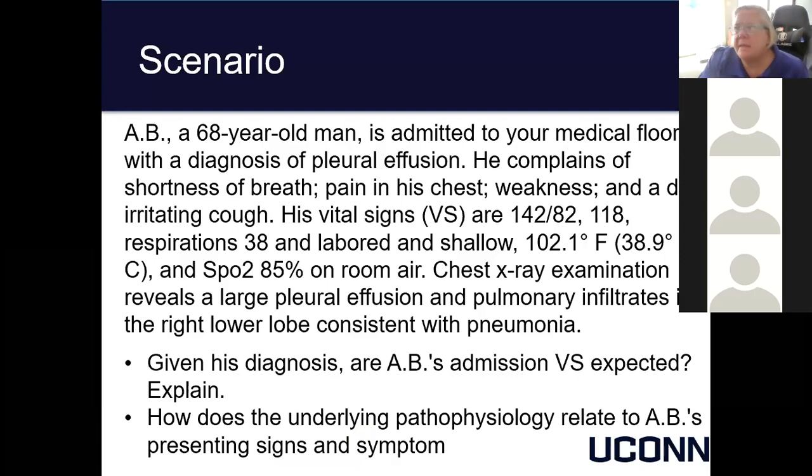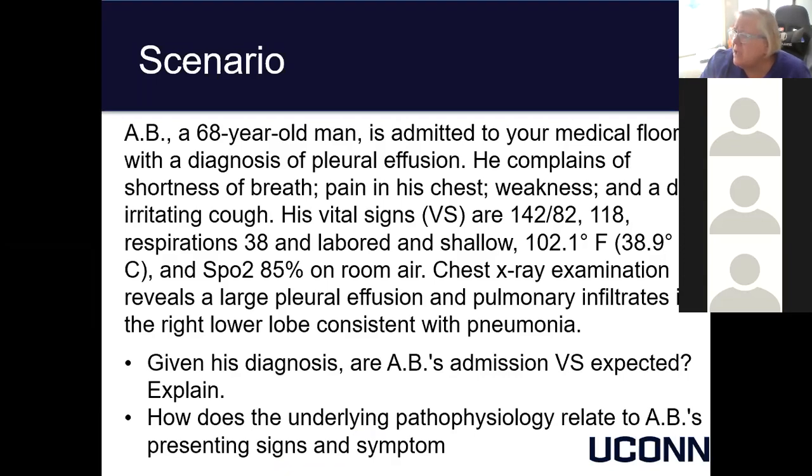So Mr. B, a 68-year-old gentleman, comes to your floor. He's got a diagnosis of a pleural effusion. He complains of shortness of breath, pain in his chest, weakness, and a dry, irritating cough. Vital signs are blood pressure 142/82, heart rate of 118, respirations 38, labored and shallow.